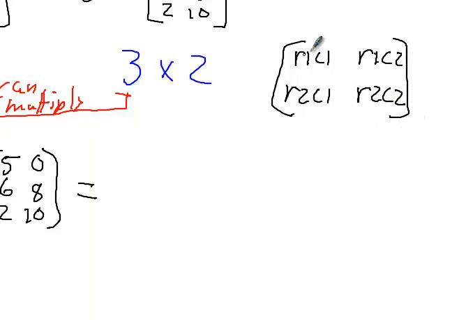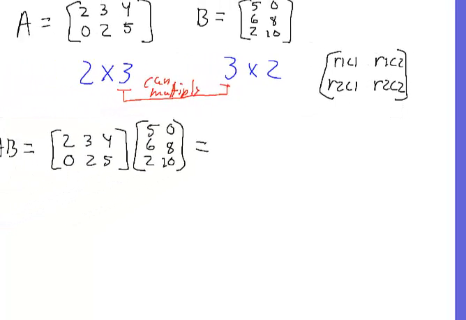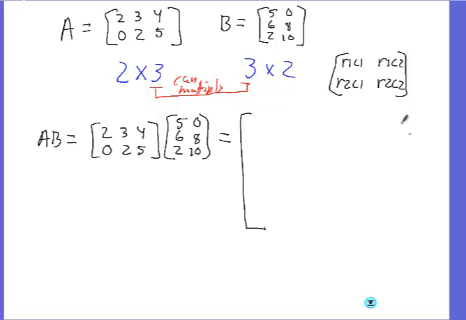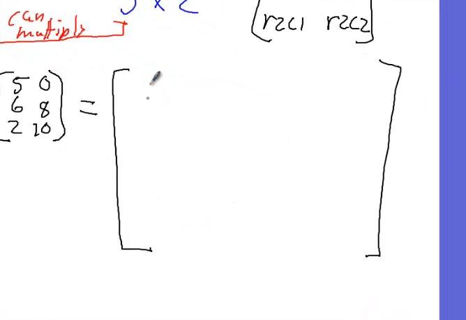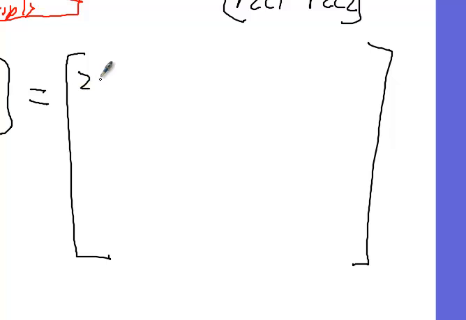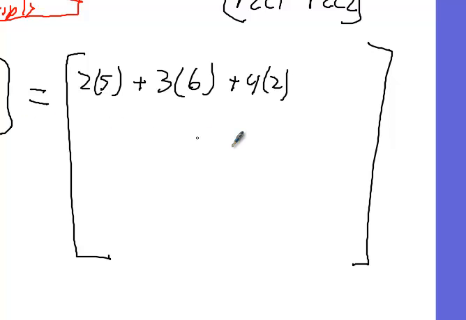The way you get this row 1, column 1 number is by multiplying the first row by the first column. This is going to look really big, just because I need a lot of room. So this first number right here is going to be 2 times 5 plus 3 times 6, because it's the second number by the second number, plus 4 times 2. Third number times third number.